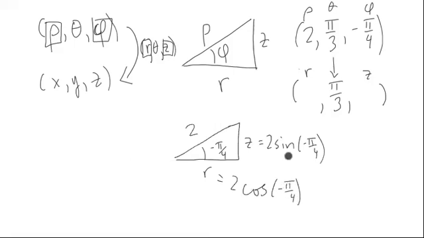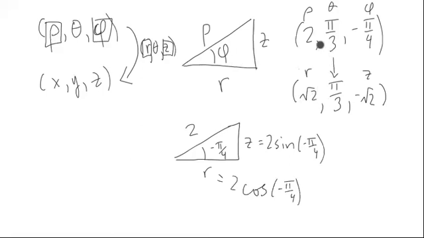So z is going to be negative, but the r value is going to be positive. Cosine of negative pi fourths is a positive x value. And we're going to get negative root 2 and positive root 2, because that's root 2 over 2, but the 2's cancel. This one is negative and that one's positive. Okay, so we successfully converted it to cylindrical.